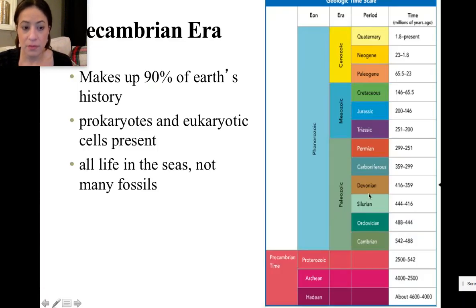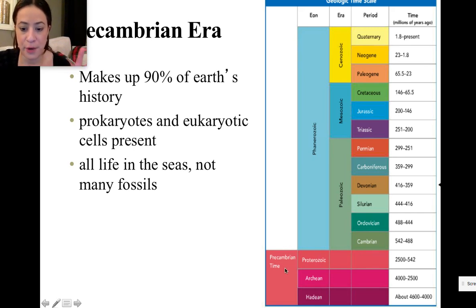Now, the geologic timescale can be broken up into these major eons and eras and periods. This bottom portion here, which doesn't seem to be represented by much area, but really does make up 90% of the Earth's history, and is not completely drawn to scale here, is the Precambrian era.